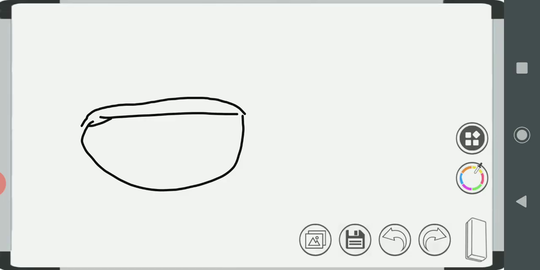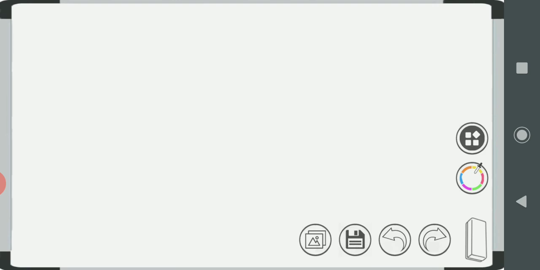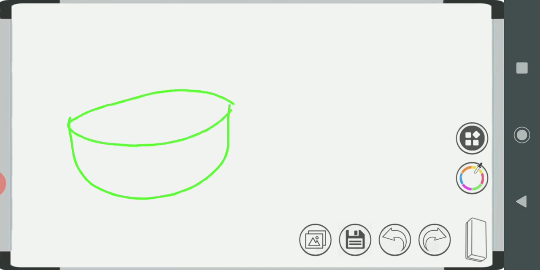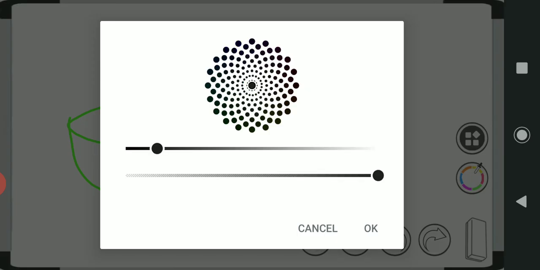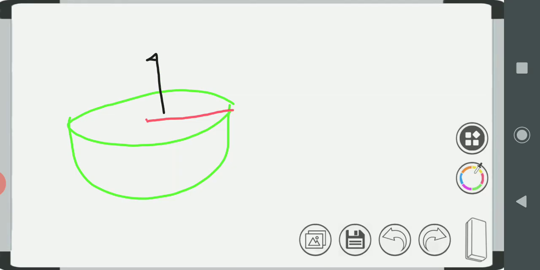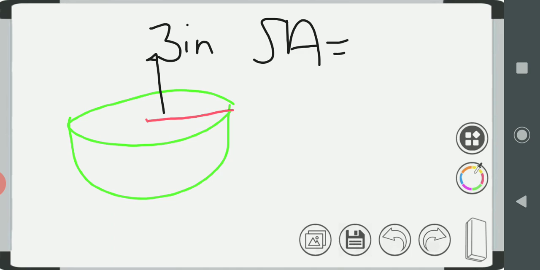And they give us that radius, and let's say the radius is, let's go back to black, 3 inches.